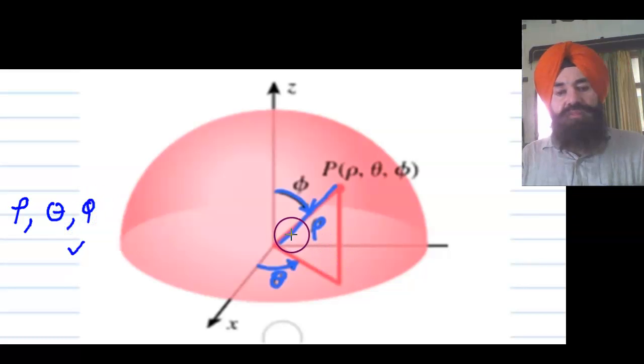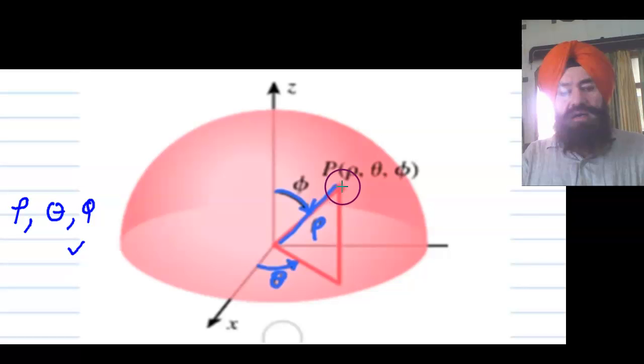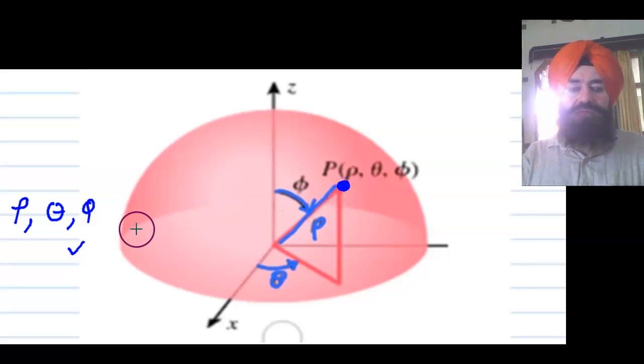I am interested in finding the position of the particle which is here. First of all, I draw a semi-sphere, then I mark some origin. Then I choose the xyz axes. Then this is my point P.